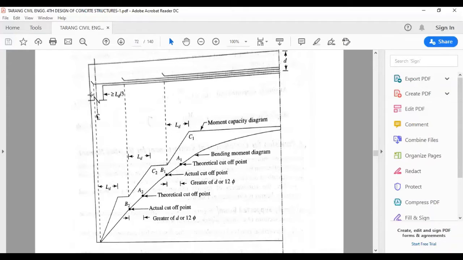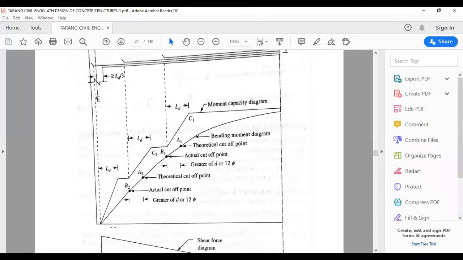And from here up till here, it should be greater than or equal to LD upon 3. This is also LD and this is also LD. And this value is taken as the greater of effective depth or 12 times the dia. Same like this here.